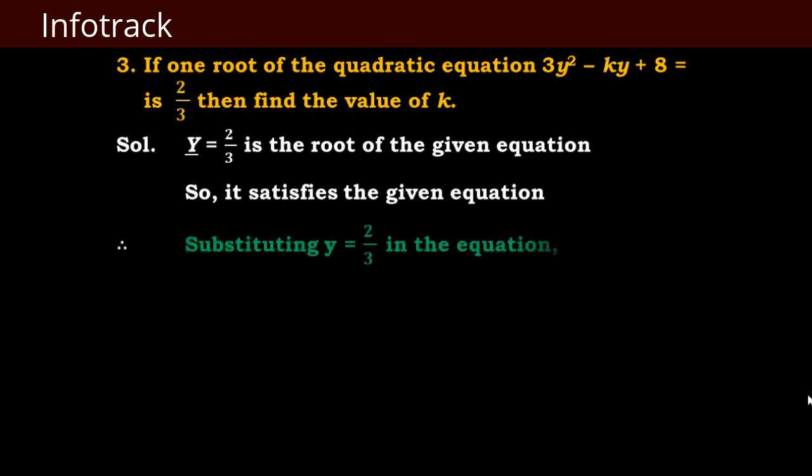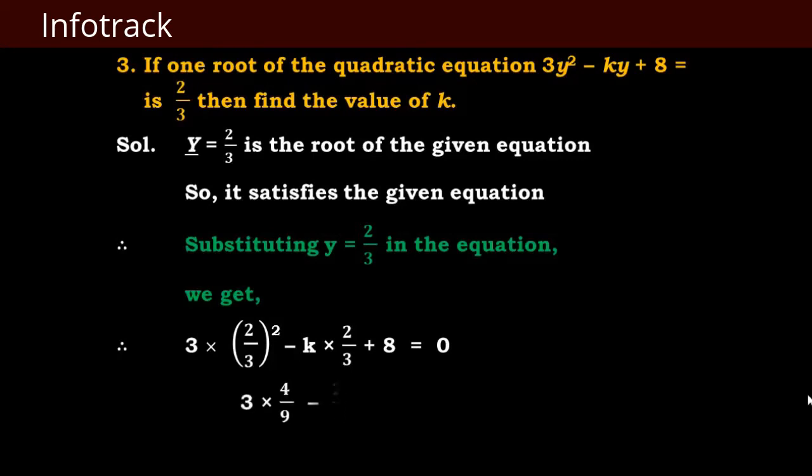Substituting y equals 2 upon 3 in the equation, we have 3 into 2 upon 3 the whole square minus k into 2 upon 3 plus 8. Now solve this bracket. 2 upon 3 square will become 4 upon 9. K into 2 upon 3 is 2k upon 3. Now 3 into 4 will give 12 upon 9 minus 2k upon 3 plus 8.